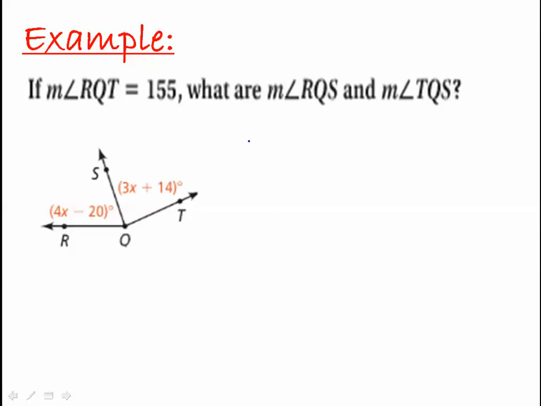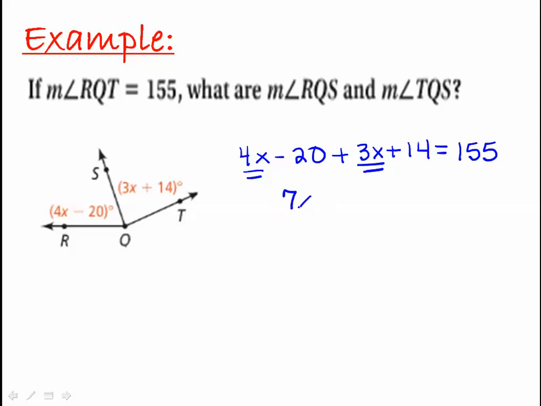So we can write an equation that says that 4x minus 20, one of the smaller angles, plus 3x plus 14, which is the other small angle, will equal the measure of angle RQT, which is 155. We start by combining like terms, and 4x plus 3x is 7x, and negative 20 plus 14 is negative 6. So 7x minus 6 equals 155.